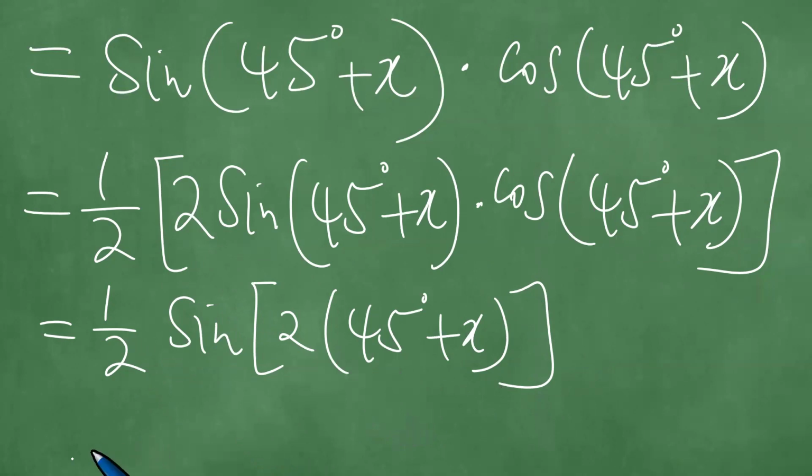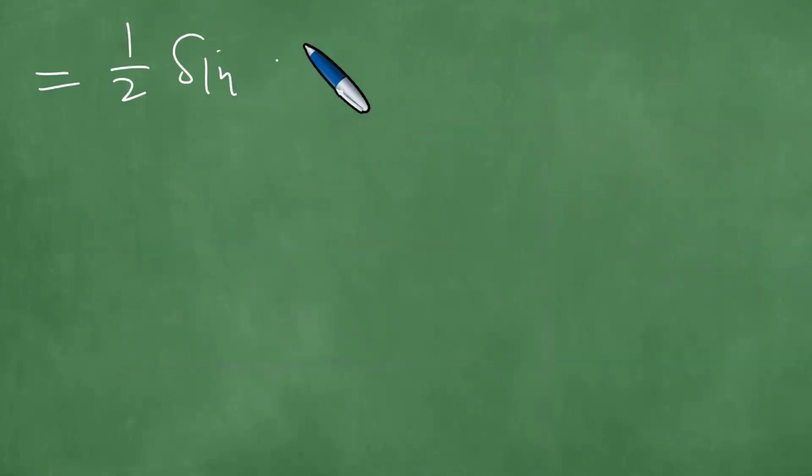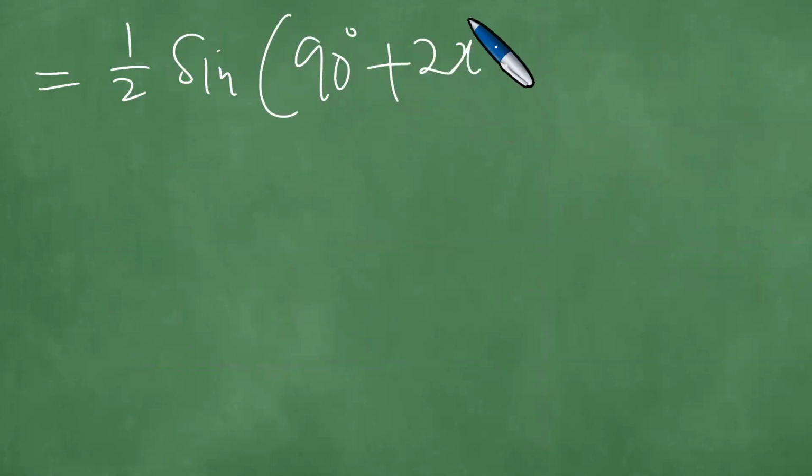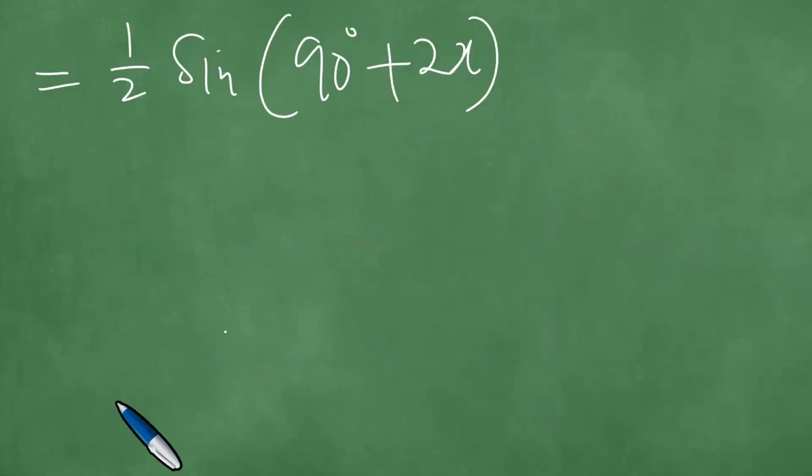You now multiply through into the parentheses, and we have 1/2 of the trigonometric sine of 2 into, now 2 times 45 is what? It's exactly 90 degrees plus twice x. We've seen therefore that 2 times 45 is 90 and 2 times x is 2x, like so.